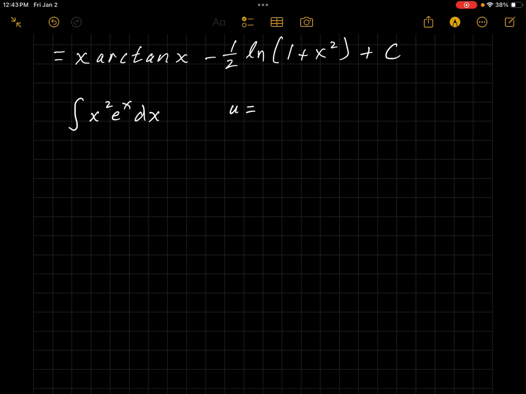I'm going to choose u to be x squared, because why not? And then dv equals e to the x dx. If I chose incorrectly, we'll see somewhere down the line. Or maybe not incorrectly, maybe poorly is the better word. u equals x squared gives me du is 2x dx. dv equals e to the x, meaning v is e to the x.